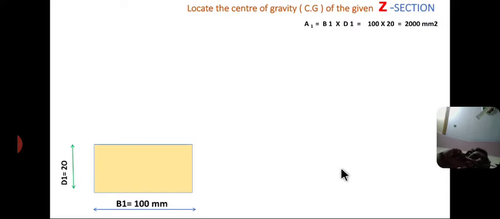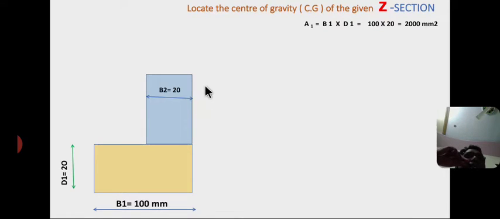Now coming to the areas. Area of the first section a1 equals base into depth, so b1 into d1 equals 100 into 20, equal to 2000 mm square. Now A2 is the area of the second rectangle. A2 equals B2 into D2, where B2 equals 20 mm and D2 equals 60 mm, so area 2 equals 20 into 60 equals 1200 mm square.